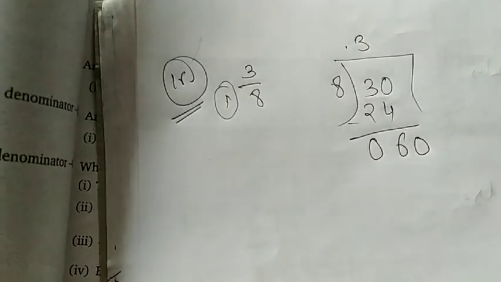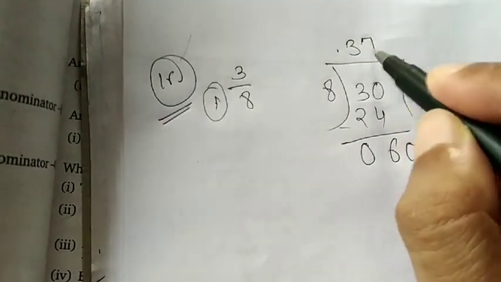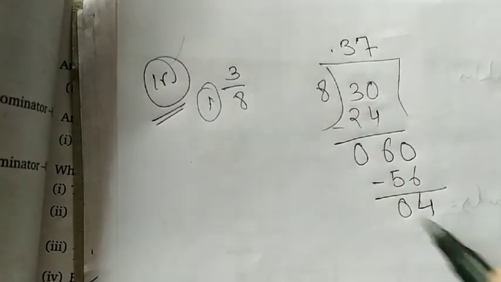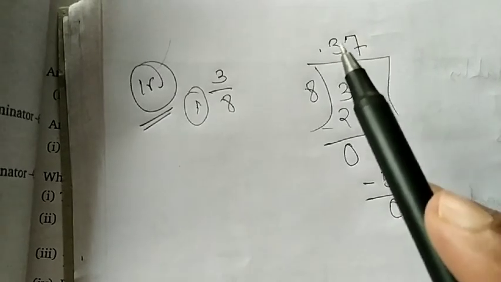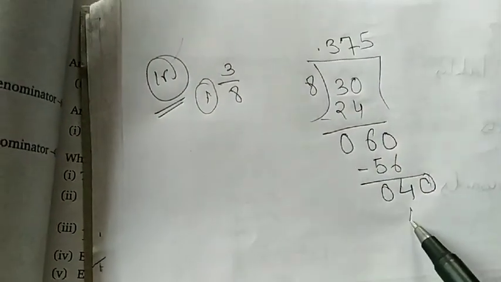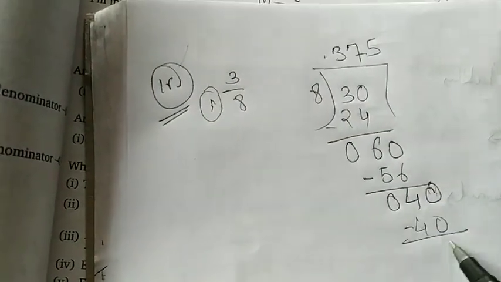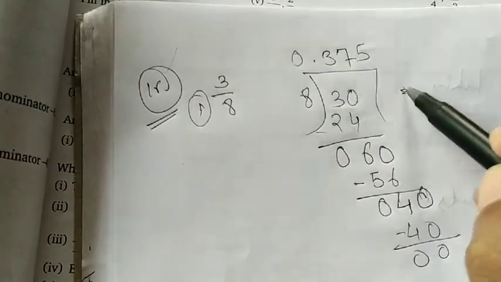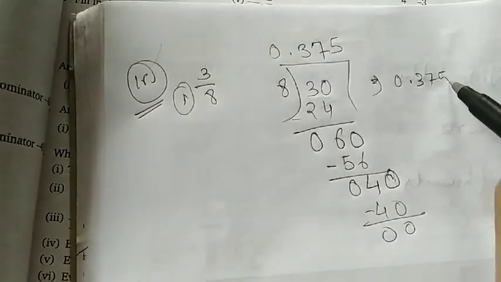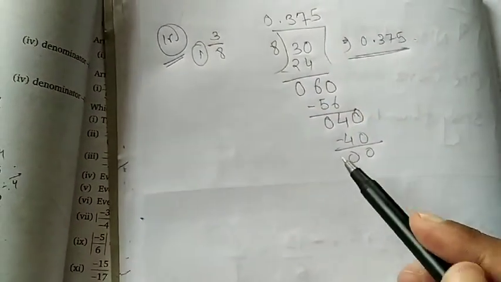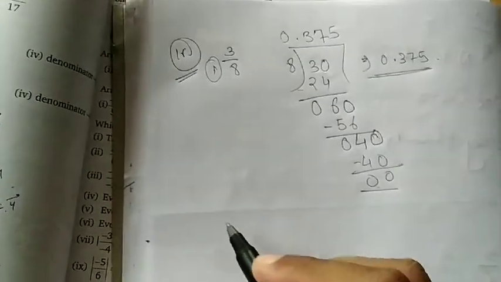Now 8 5s are 40, 8 6s are 48, 8 7s are 56. 4, right? Since a point is there, again you'll put a 0. 8 5s are 40. So the answer is 0.375. This is the absolute answer of 3/8. We solved it completely, right? We cannot solve it anymore. We have got remainder 0, so that's the perfect answer.